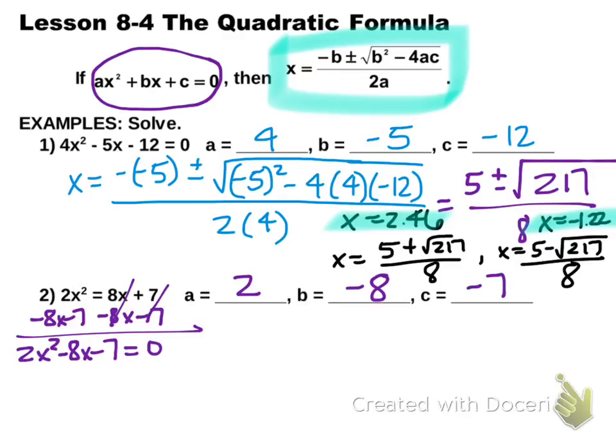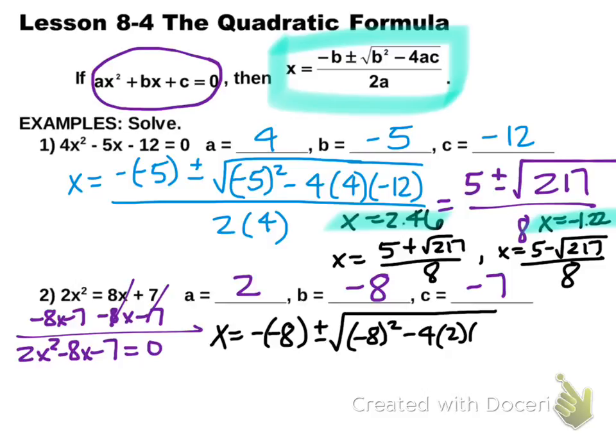Go in, plug that into my quadratic formula here. So x is equal to negative 8 plus or minus the square root of my discriminant, which is going to be negative 8 squared minus 4 times 2 times negative 7. All of that divided by 2 times 2, 2a.